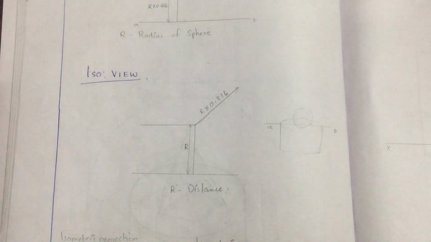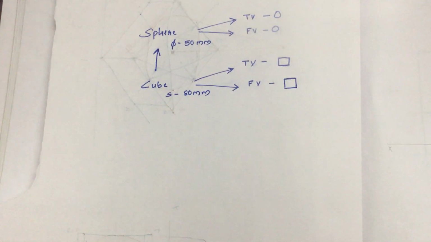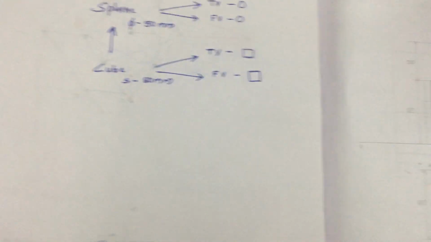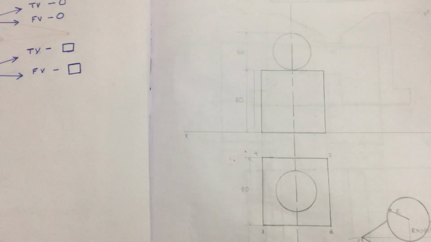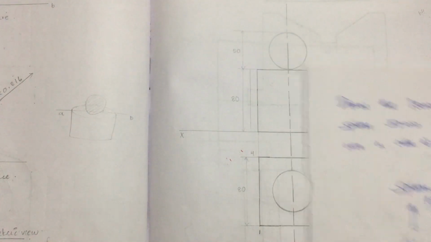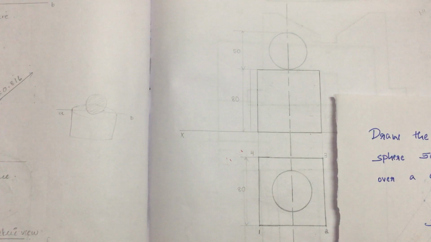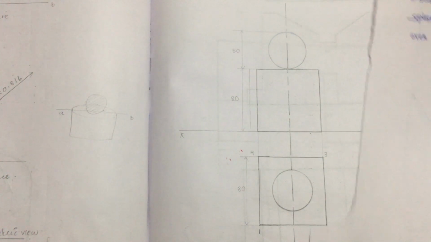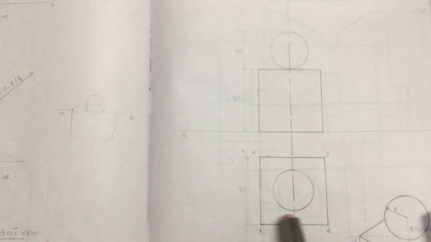First thing is to draw the XY line, and after drawing the XY line we draw the top view as well as front view of the cube. The top view of the cube will be a square of 80 mm side.